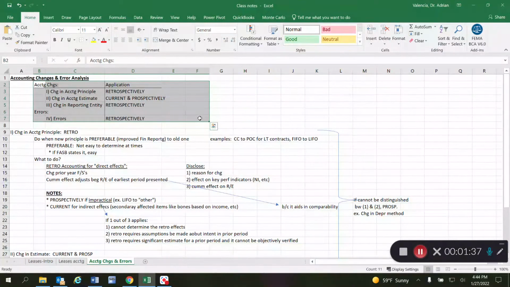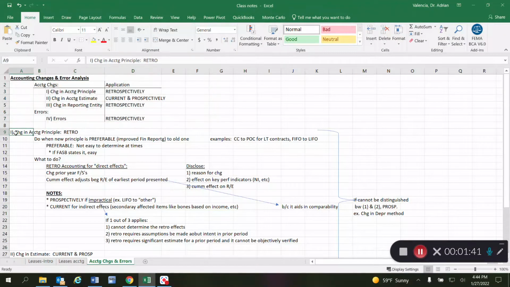So let's look a little bit further into this. When we are talking about change in accounting principle, the first one here, we did say it's retrospectively applied. And when do we do this? Well, if we have a principle that is preferable, and that can be a little tricky sometimes, but if we deem it to improve financial reporting versus a different method that we have been using, then that's when we apply this new accounting principle.